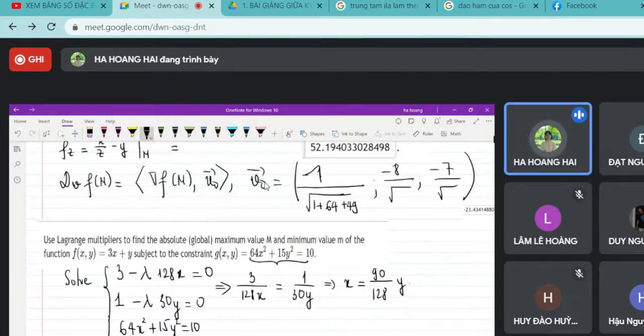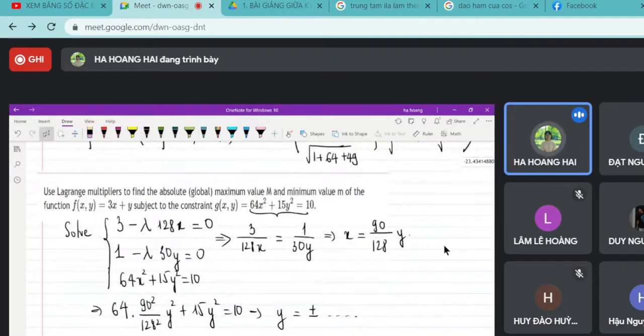Then we replace into this expression, and we have y squared plus 15y squared equal to 10. From here we have two values of y, plus minus, and correspondingly two values of x.